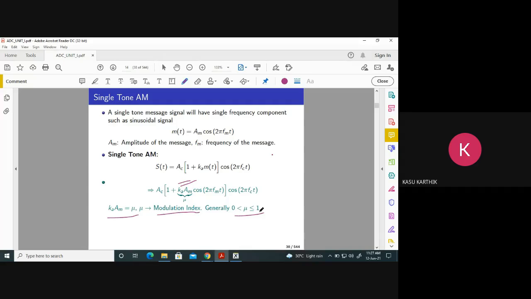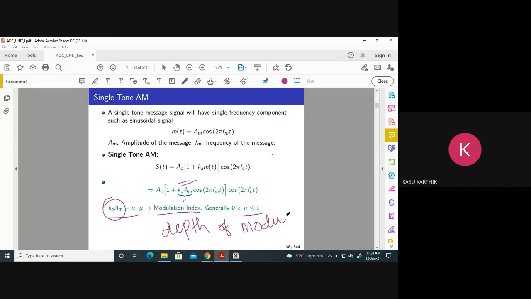So this is about single tone AM. Whenever a message happens to be a sinusoidal signal, typically we take it as Am cos 2 pi fm t, where Am and fm are the amplitude and frequency of the message signal respectively. So Ka into Am is called mu. Mu is the modulation index, or sometimes also called depth of modulation.